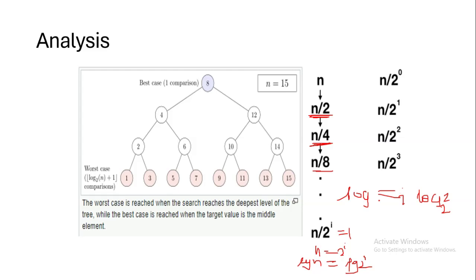Log to the base 2 of n is equal to i times log to the base 2 of 2.